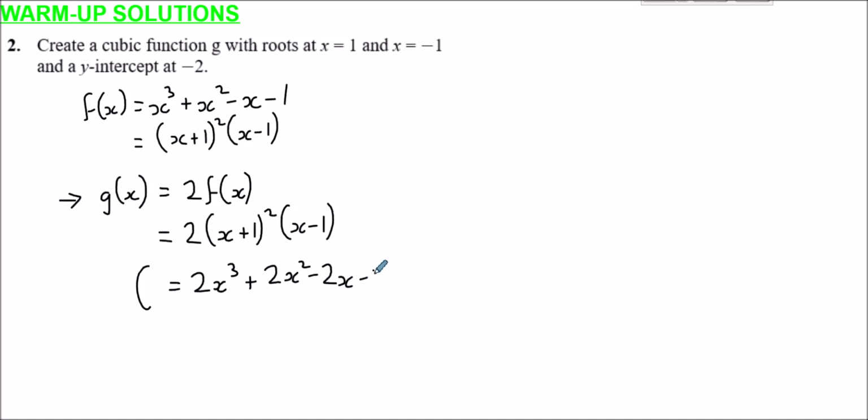If you're thinking, how has he expanded that out in his head so quickly? I've not. All I've done is remembered what f of x was here and just multiplied each and every term by 2 to get this. And so we can say that g of x is either this in factorised form or this in its expanded out form.